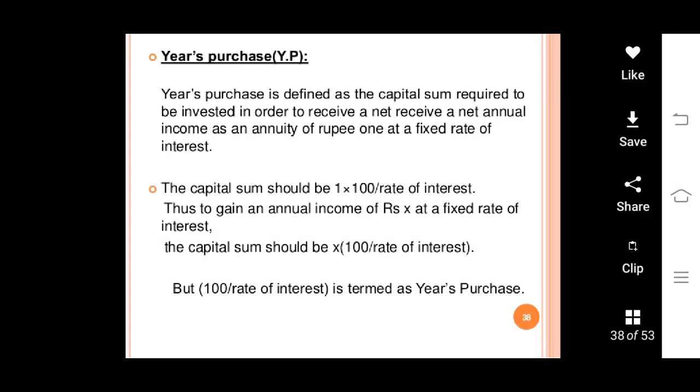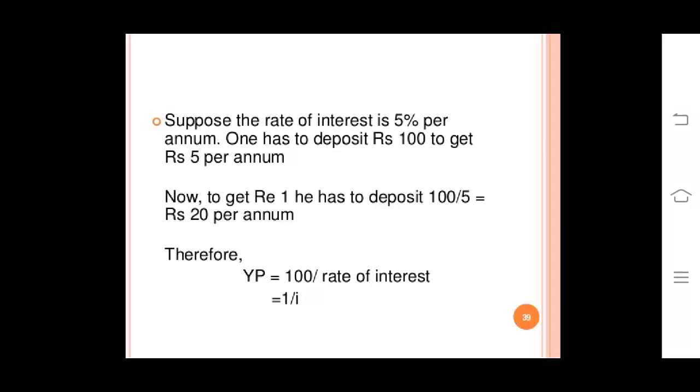Thus, to gain an annual income of rupees X at a fixed rate of interest, the capital sum should be X into 100 upon rate of interest.